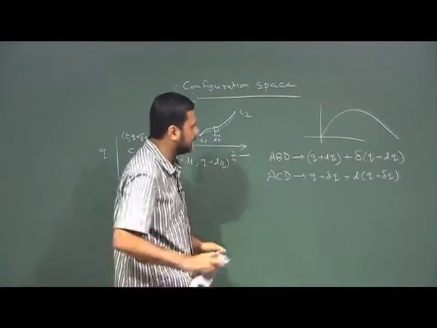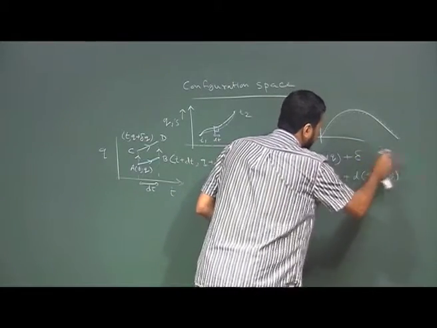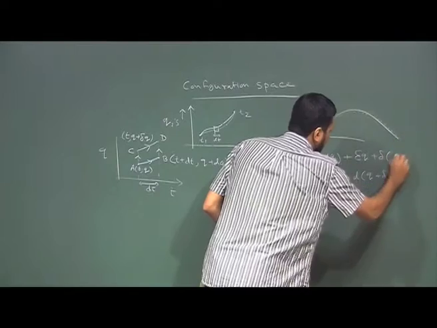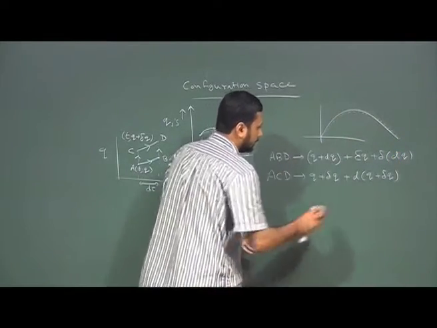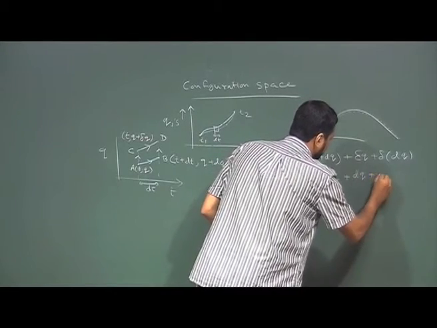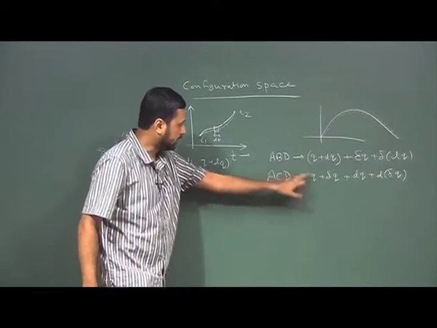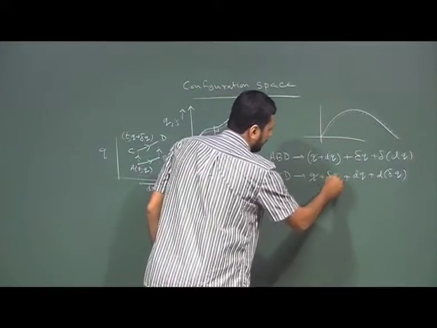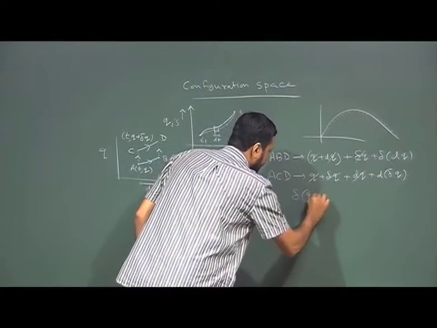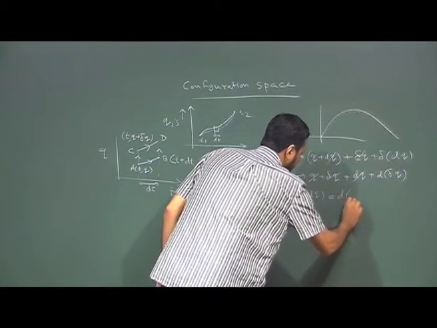If I open this bracket, there will be a dq here, and a delta q here plus delta of dq, and there will be a dq here plus d of delta q, right. If we equate this to this and cancel, the remaining will be delta dq equal to d delta q.